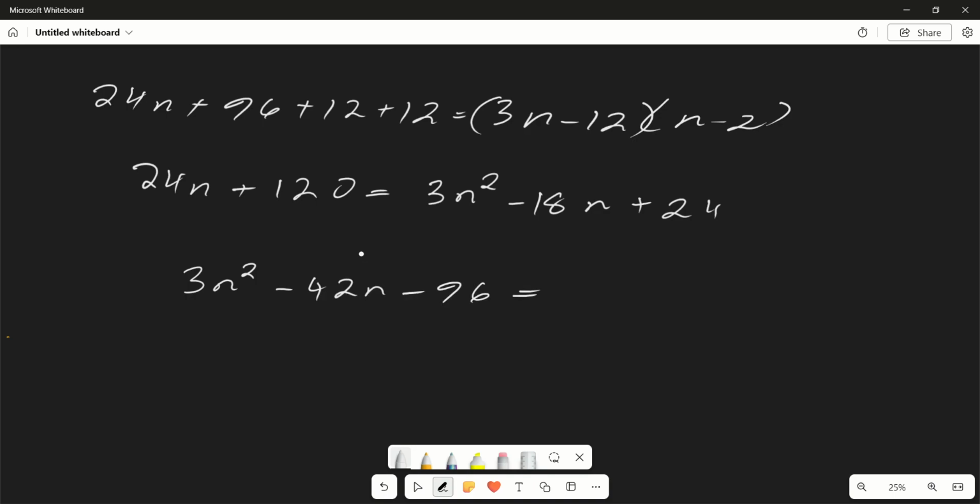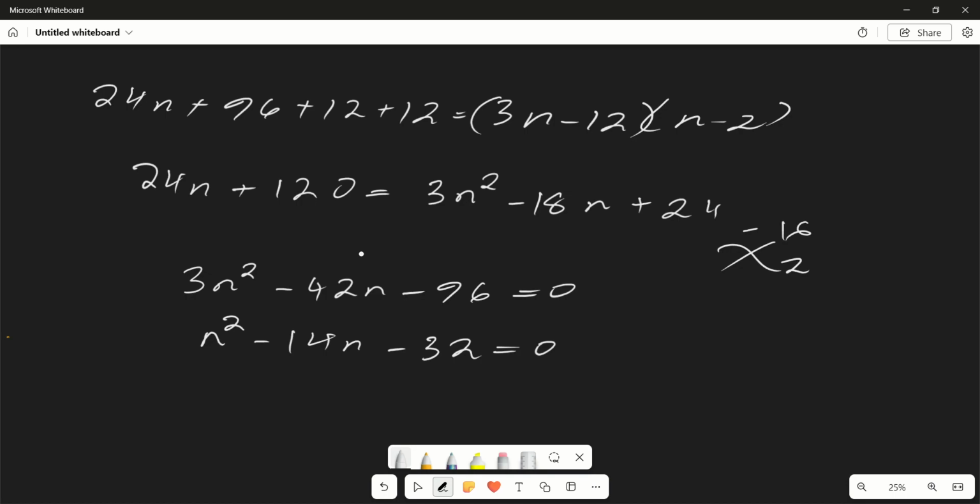Minus 96. First we will divide the whole equation by 3 on both sides, so this is going to be n squared minus 14n minus 32, and to factorize the quadratic equation you can use a simpler method. 16 into 2 is 32.